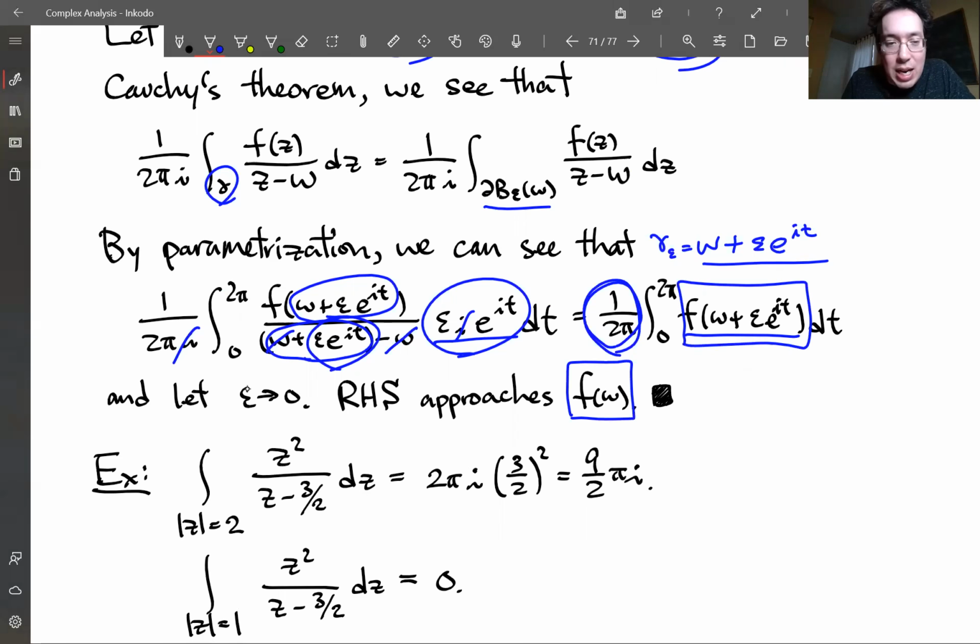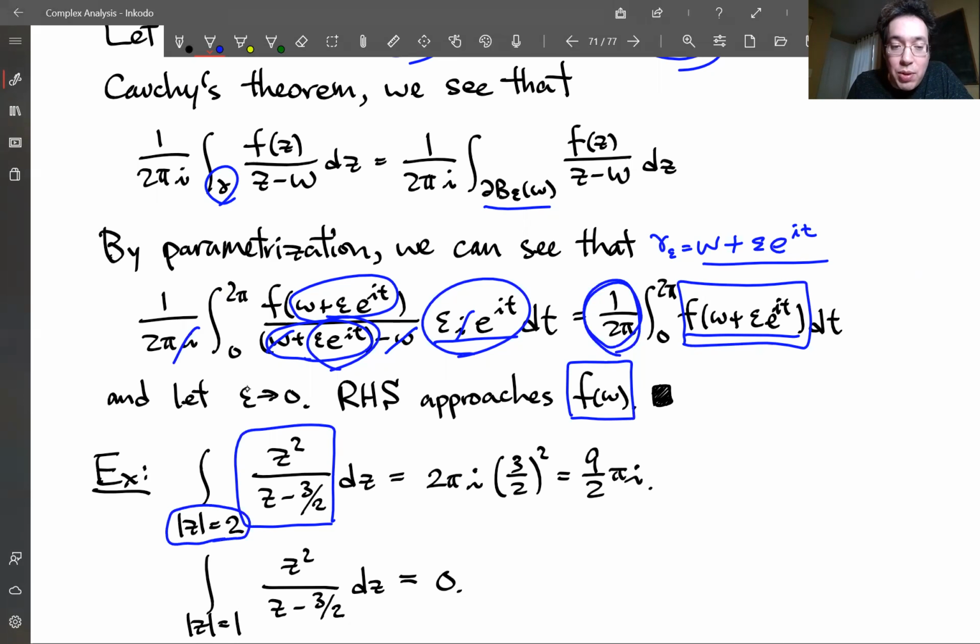All right, let's do a couple examples quickly. Let's say I want to compute this integral, and we're integrating on the boundary of the circle of radius 2 centered at the origin.